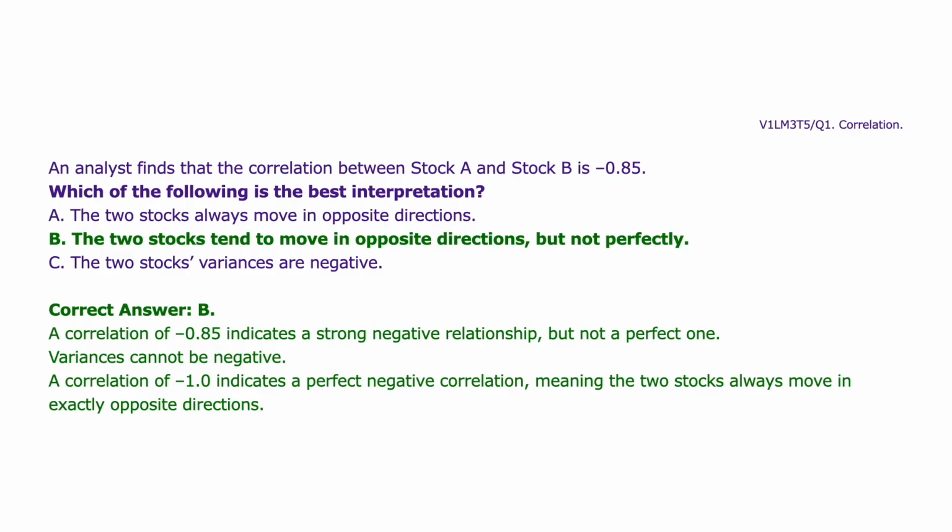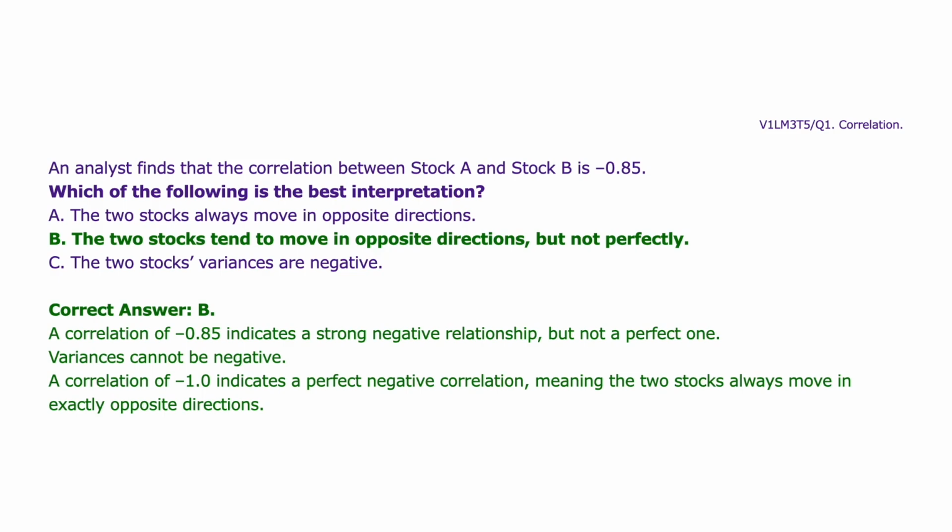It ranges from -1 to +1. -1 means perfect negative linear relationship. +1 means perfect positive linear relationship. 0 means no linear relationship.